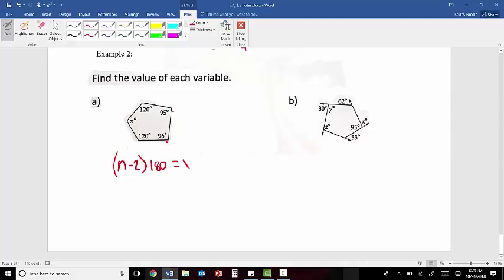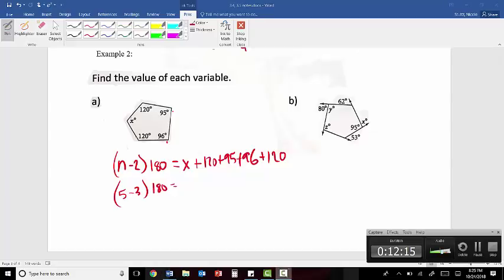So obviously that will get you the answer as if you added up all these angles: 120, 95, 96, and 120. So really quick, it has 5 sides, so it's going to be 5 minus 2 times 180. And then you just simplify this side. So you can go ahead and pause the video, work it out, and then when you unpause, I'll have the answer ready.